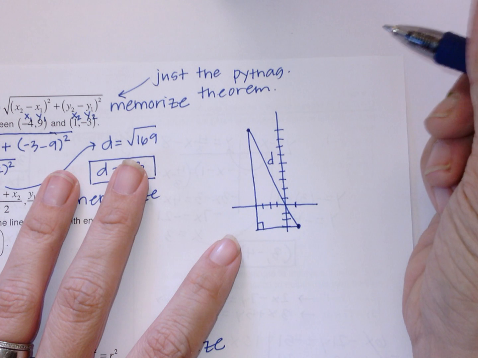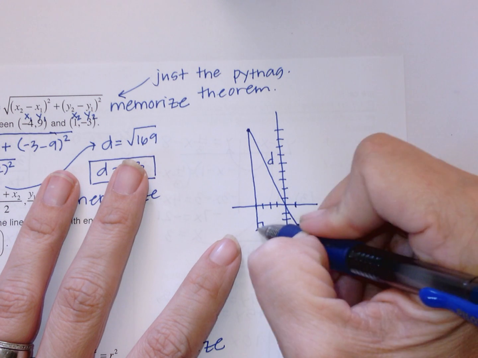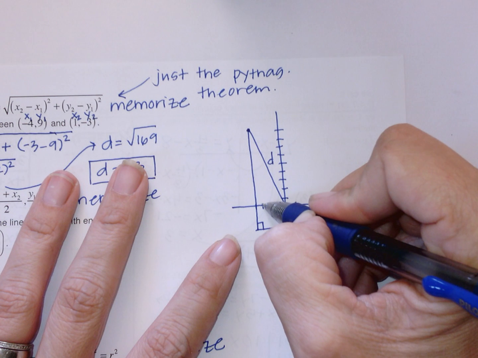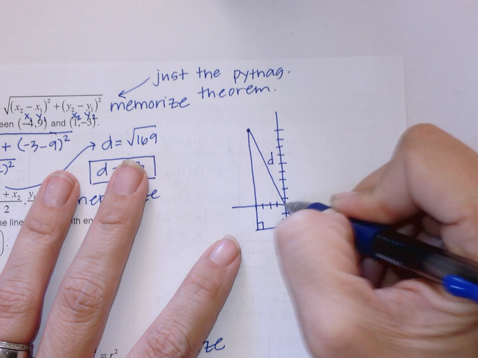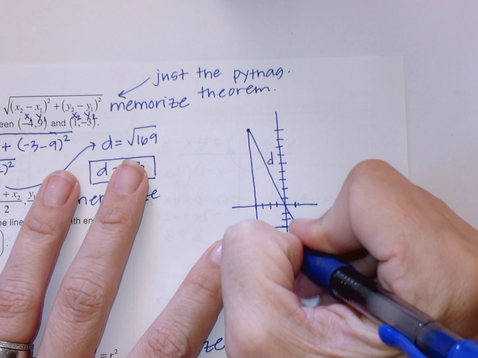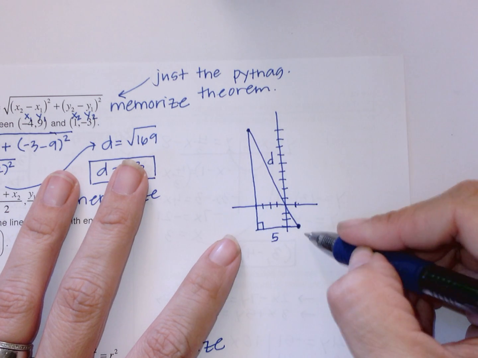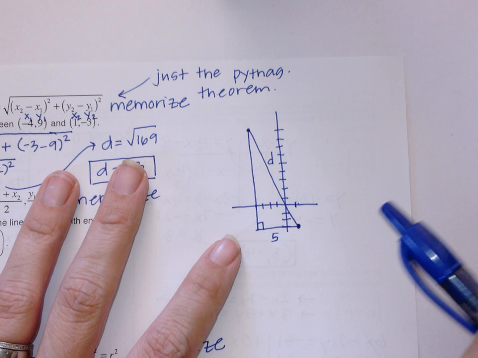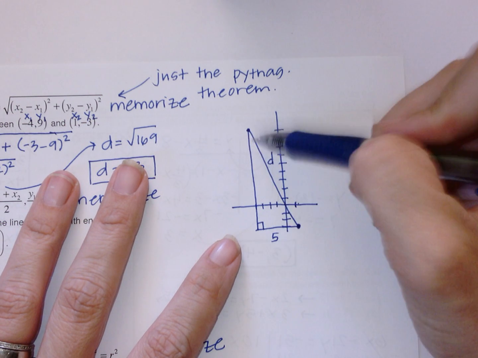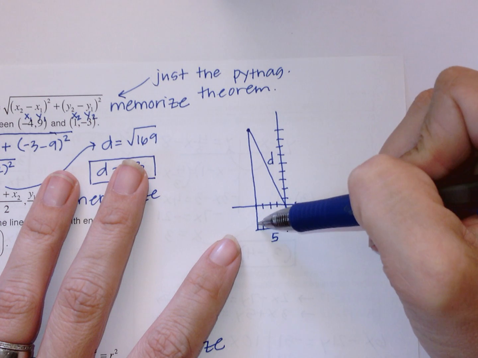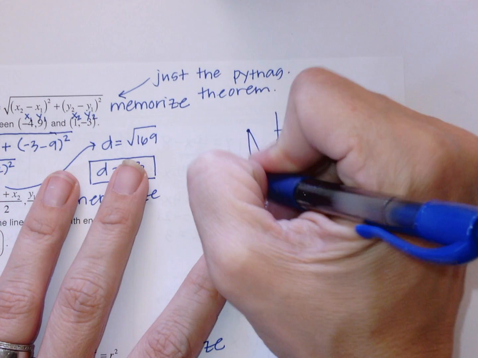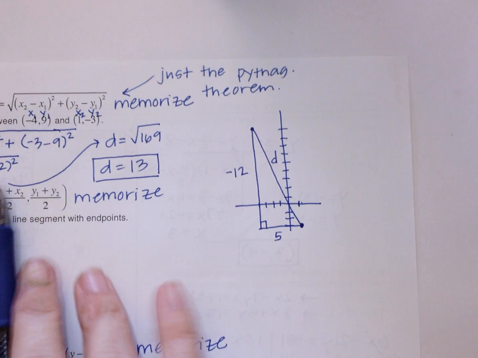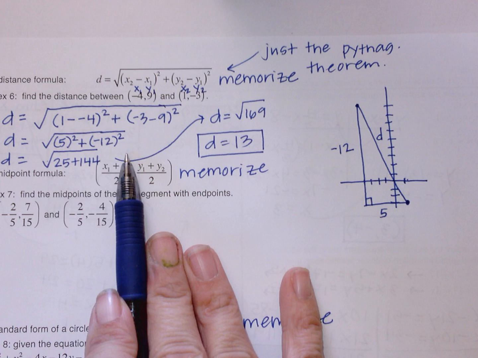But what I do know is that the distance in the x direction is 1, 2, 3, 4, 5. So this is 5. From this point to this point, I had to go right 5. And from this point to this point, I had to go down 12. And you can see that right there in our formula.